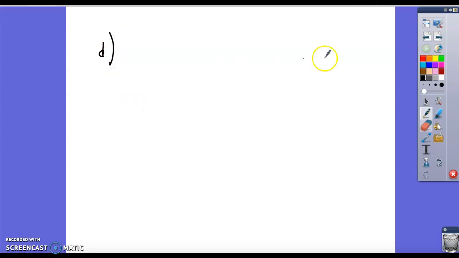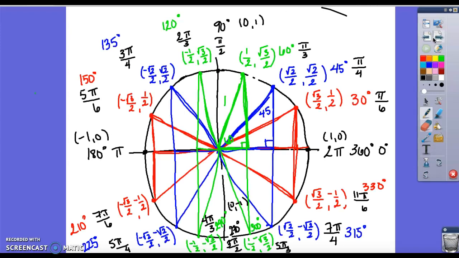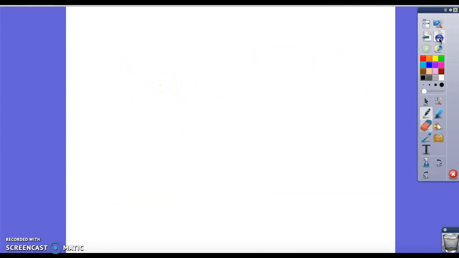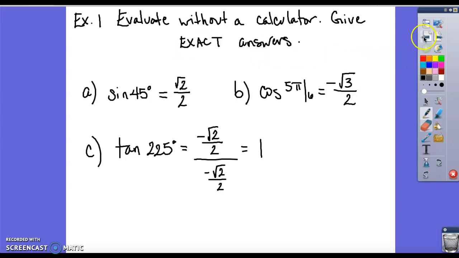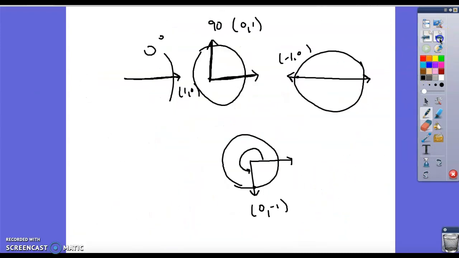Let's look at the tangent of 330 degrees. Tangent of 330 is y divided by x. So it's negative 1/2 divided by the square root of 3 over 2.